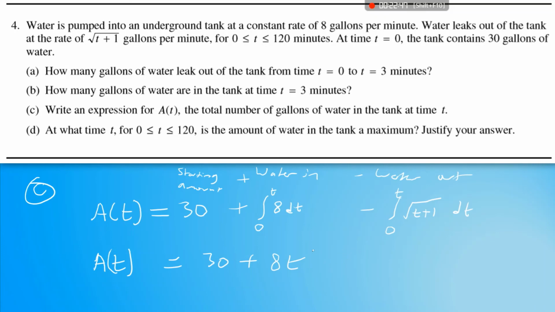Okay. Which, if I do upper bound minus lower bound, will give me what? 8t. Okay, minus, let me write that, 8t, there we go. Minus, I'm going to keep this as an integral. The integral from 0 to t of root t plus 1 dt. Okay.